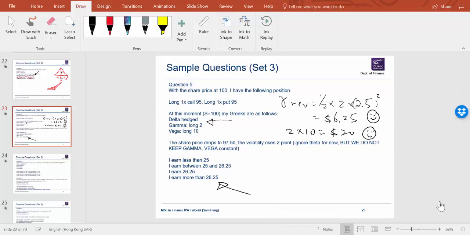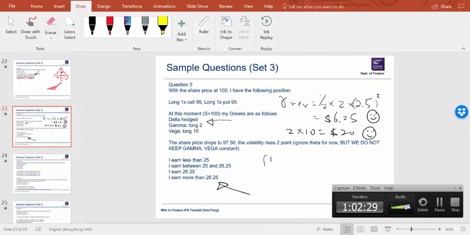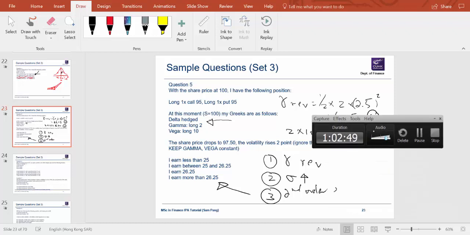So the interpretation can be, number one, you make money from the gamma revenue, and number two, you make money from the sigma going up. But number three, there can be a second order effect on gamma because of the Vega changes.